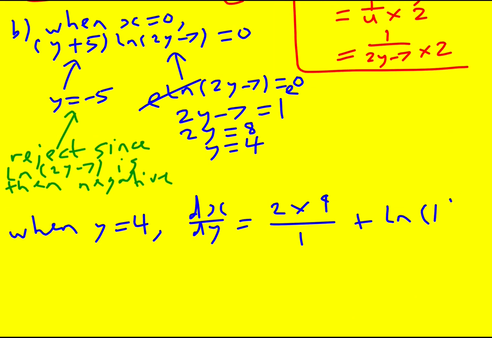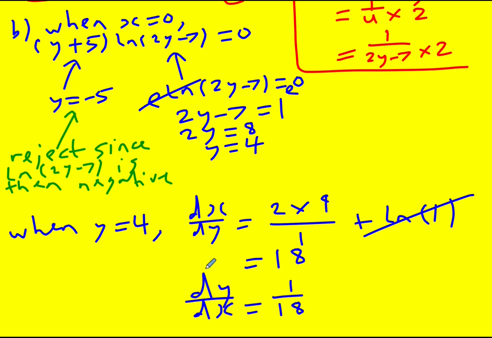So it's actually going to be ln of 1, which is 0. So we're going to get 18, in fact. And therefore dy by dx is going to be 1 over that, 1 over 18. Nice question.